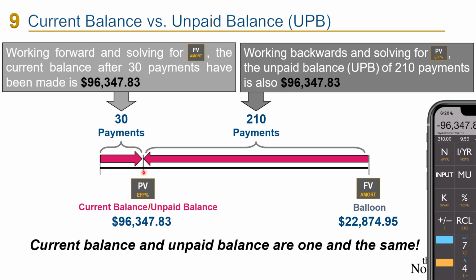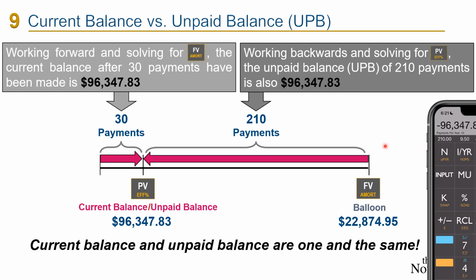The current balance and the unpaid balance and the present value of the remaining, they're all one and the same. But do you see, if you're measuring on the timeline from the beginning of the loan till today, in that case, you would have been solving for FV.